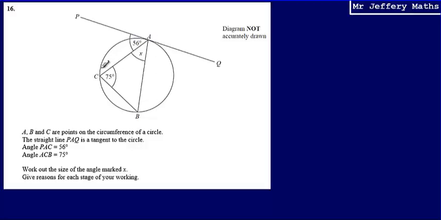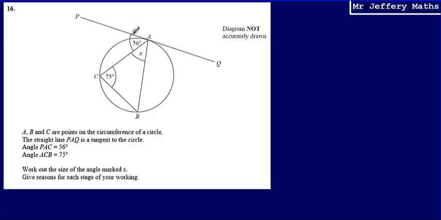Now, immediately when I first see this question, I know that it's about circle theorems, and specifically what I identify straight away is that I've got a triangle in my circle which is touching the tangent. And when I see this, I should immediately think of the alternate segment theorem.